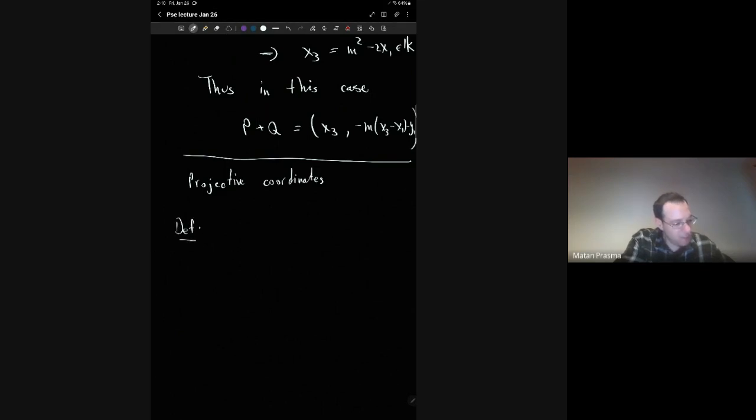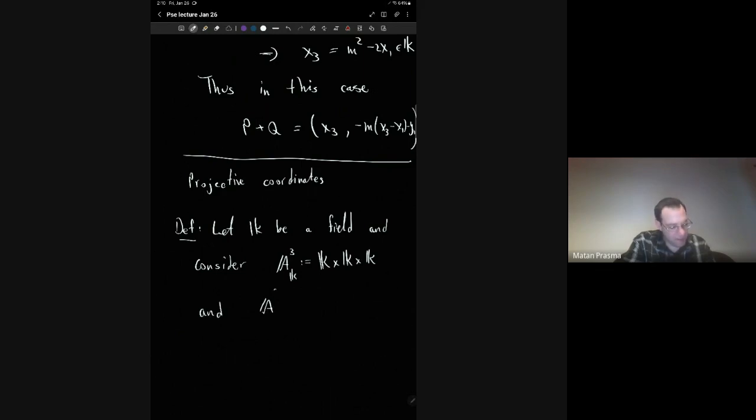We saw a definition, but let me repeat it. Let K be a field, and consider the affine three-dimensional space over K, which is, I remind you, simply K times K times K. Now I take the affine space and remove the origin.